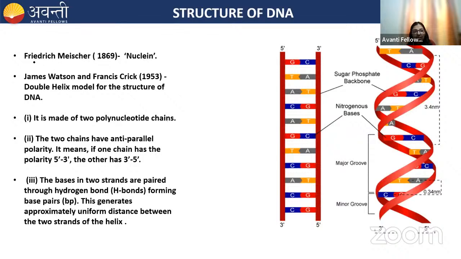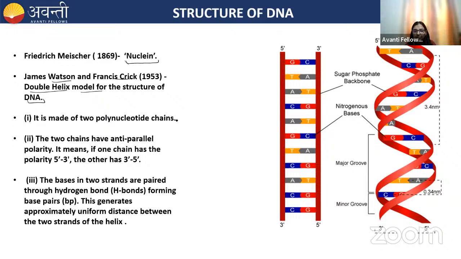Moving next is the structure of DNA. DNA was first discovered by Friedrich Miescher, and he called the DNA nuclein. Later, the X-ray diffraction data was produced by Wilkins and Franklin, and based on these data, James Watson and Francis Crick proposed the double helical model of the DNA.